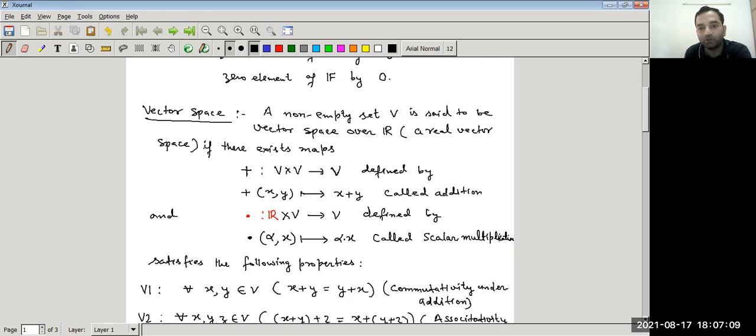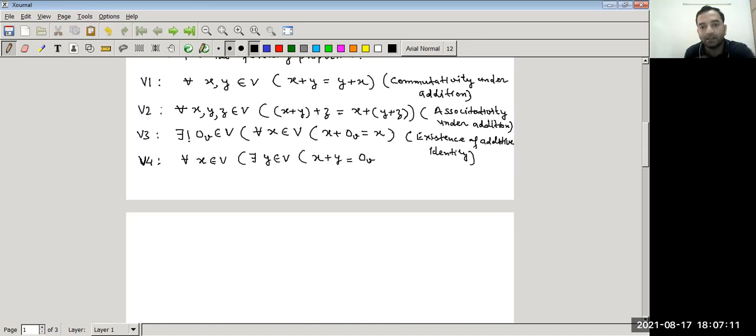The element belongs to V, and the zero element of V is denoted by 0v. So x plus y equal to 0v. There is no need to write this is equal to y plus x because they are commutative. It is already given in the first property.